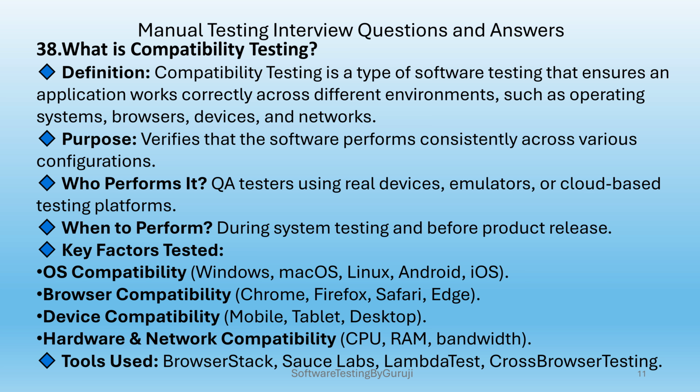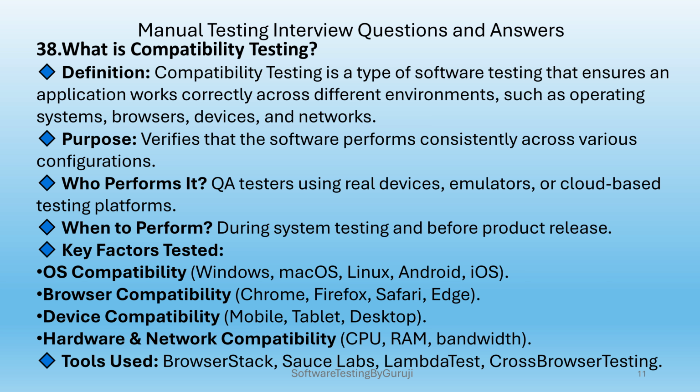Next is what is compatibility testing. Definition. Compatibility testing is a type of software testing that ensures an application works correctly across different environments such as operating systems, browsers, devices and networks. Purpose.